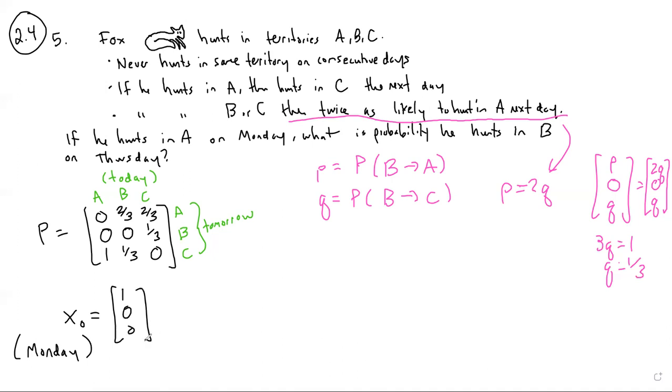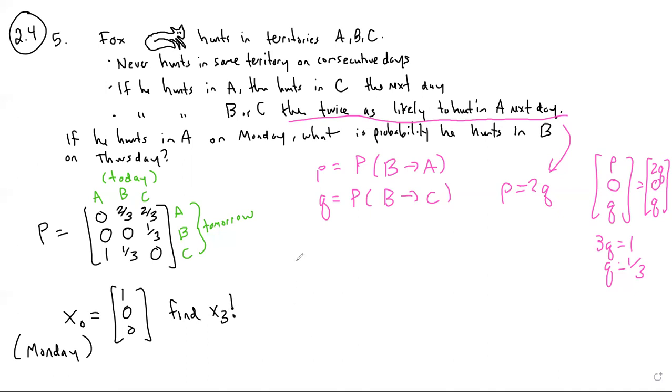There's a 100% chance he hunts in A. What we want is the probability he hunts in B on Thursday. That's 3 days later, so we are tasked with finding X3. We can do that by finding X1, X2, X3.